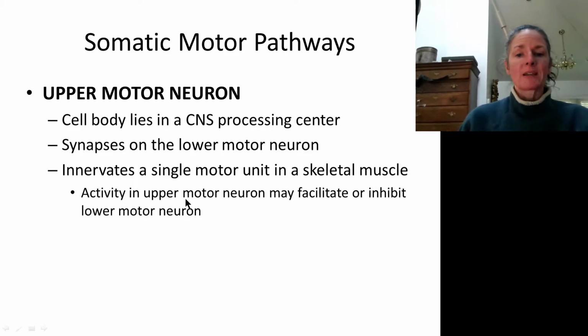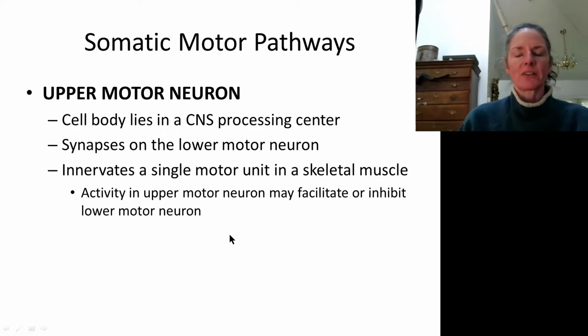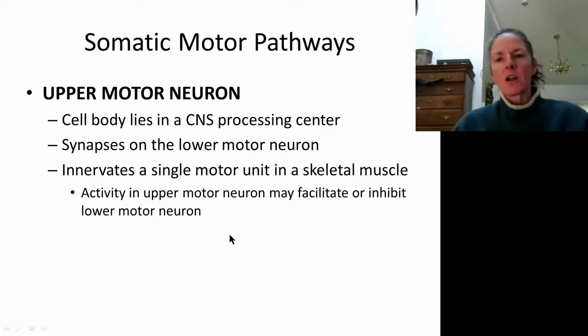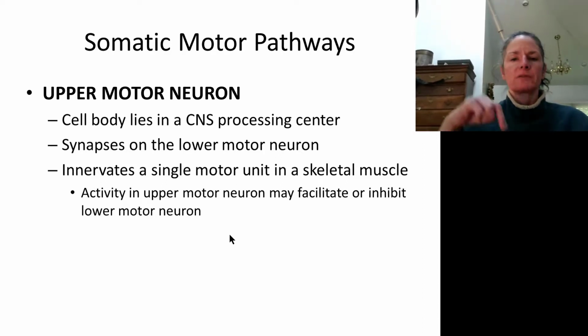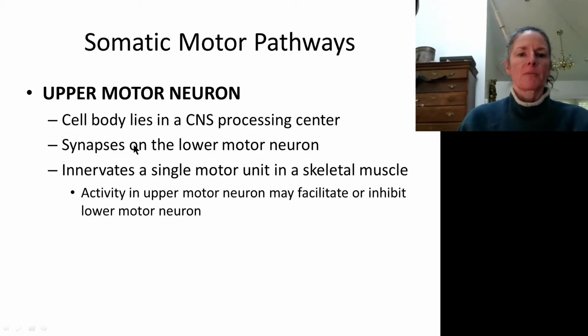We can also have some activity in the upper motor neurons that can facilitate or inhibit a lower motor neuron. Remember when we talked about some of our reflexes, there can be some interneurons so that we can have the crossed extensor reflex, the reciprocal inhibition, and so forth. So remember that sometimes the upper motor neuron may inhibit a lower motor neuron as well as stimulate it directly.